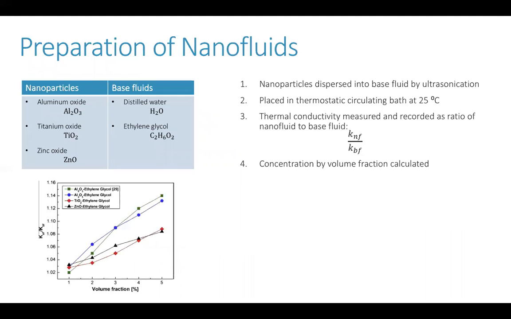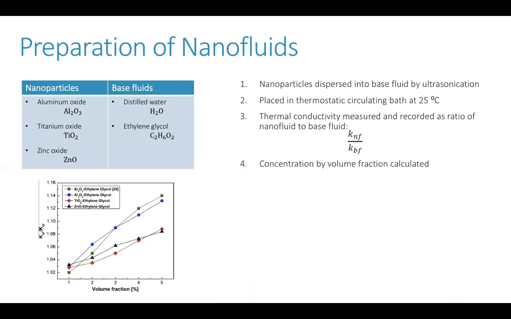So to perform the experiment, the researchers began by preparing the nanofluids. Here on the table, we see the different nanoparticles that they used. They used either aluminum oxide, titanium oxide, or zinc oxide, and they combined that with the base fluid, either distilled water or ethylene glycol.